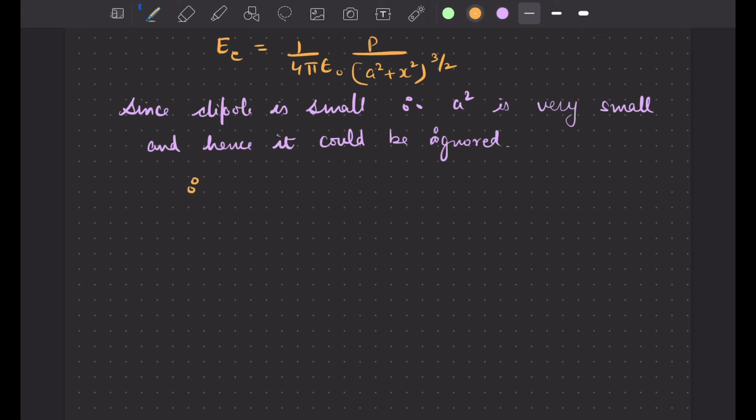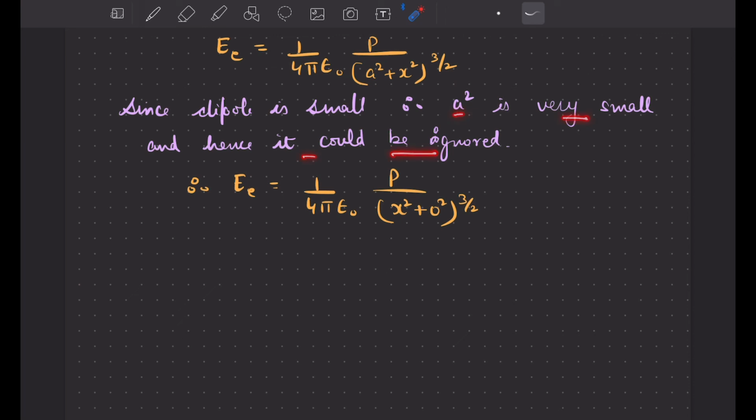So this equation number 3 will change to E equatorial is equal to 1 upon 4 pi epsilon naught P upon (x square plus 0 square). Instead of writing a square, I will put 0 over here, whole raised to power 3 by 2. As I said, a square is very small and hence it could be ignored. Therefore, I will consider a square is nearly equivalent to 0. That is why I have substituted 0 instead of a square.